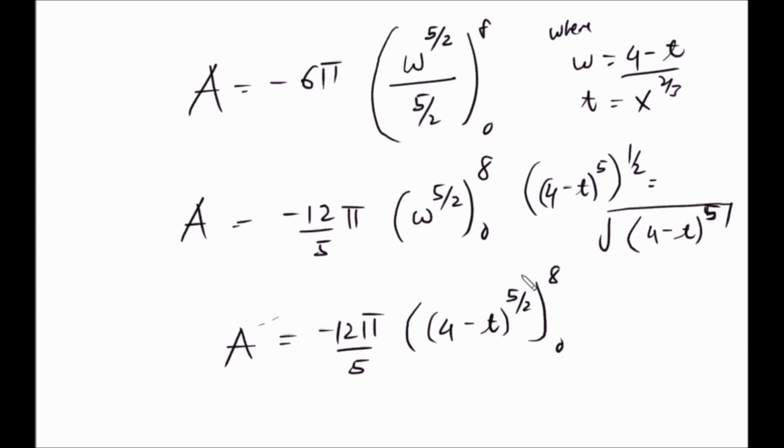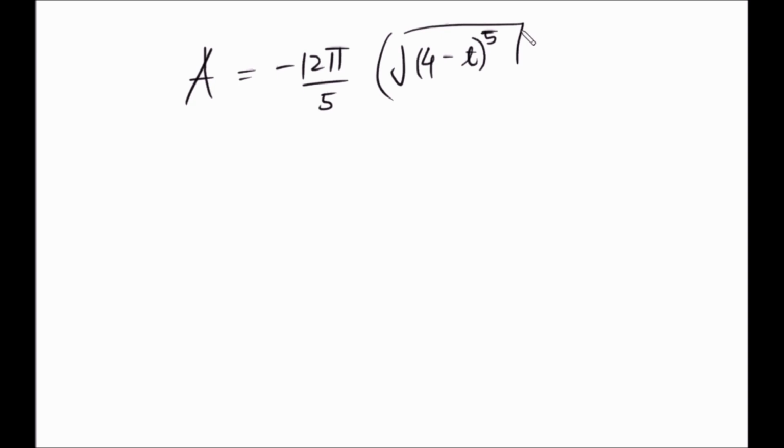So let's put the square root. So the area is negative 12 pi over 5. So we have 4 minus t, all to the power 5, square root, from 0 to 8. So remember, t itself is what? x power 2 over 3.